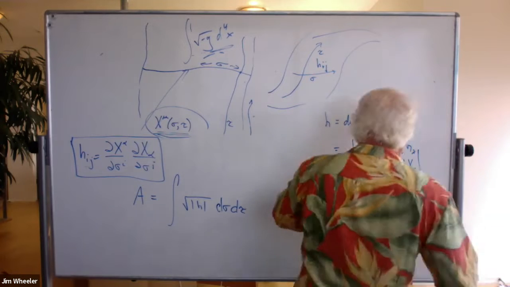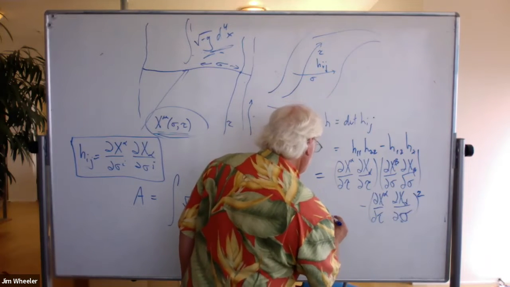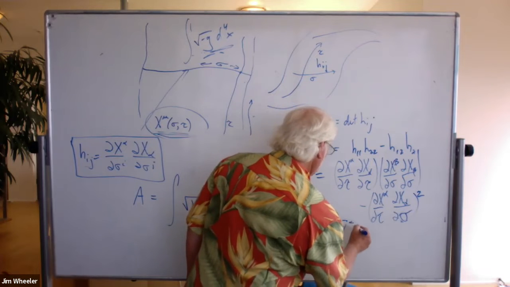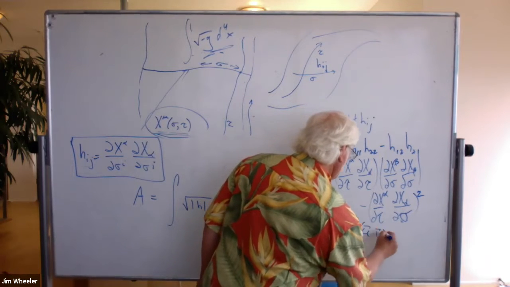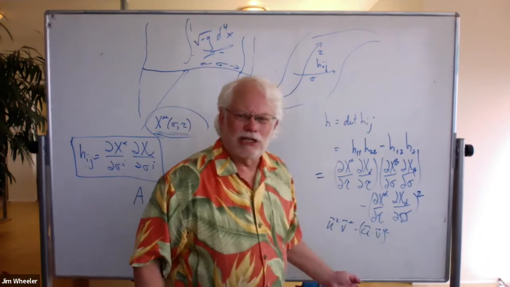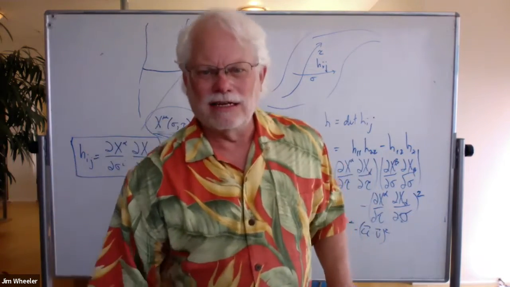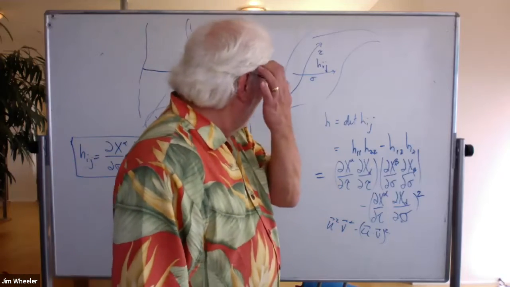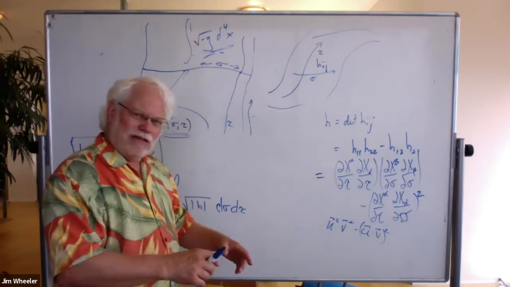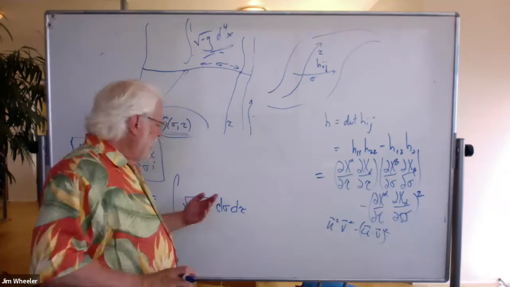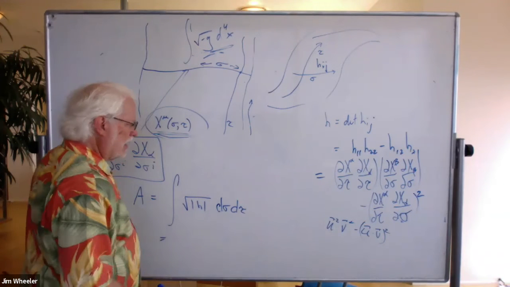And look what this is. This is u squared v squared minus u dot v squared. It's the same expression that we came up with for the area of our flat space in terms of the vectors. But now we've made it an infinitesimal area so that we can integrate it and find the total area of the worldsheet.